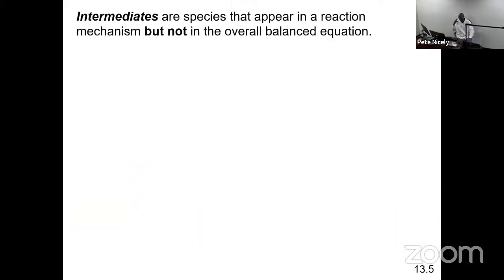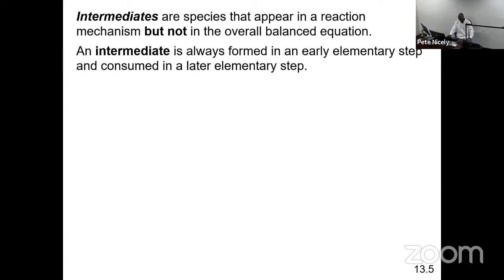And let's talk about a term I introduced earlier without defining it: intermediates. What are the intermediates in a mechanism? Well, as you can see here, the intermediates are those species that appear in a reaction, but they do not appear in the overall equation. So they appear in the mechanism, but not in the overall equation. And we saw that in the case of N2O2 being the intermediate.